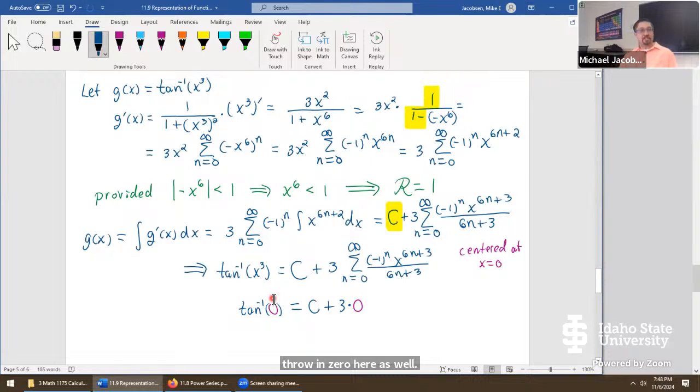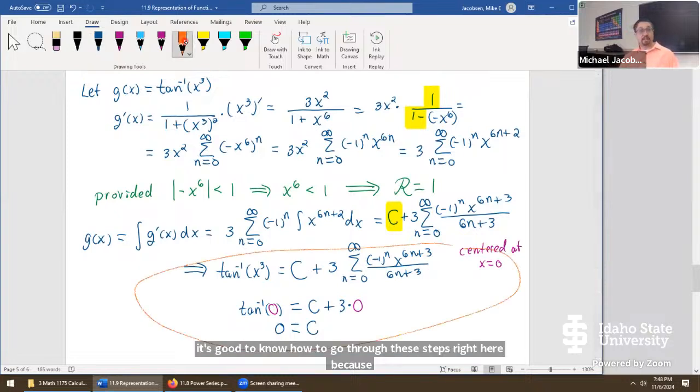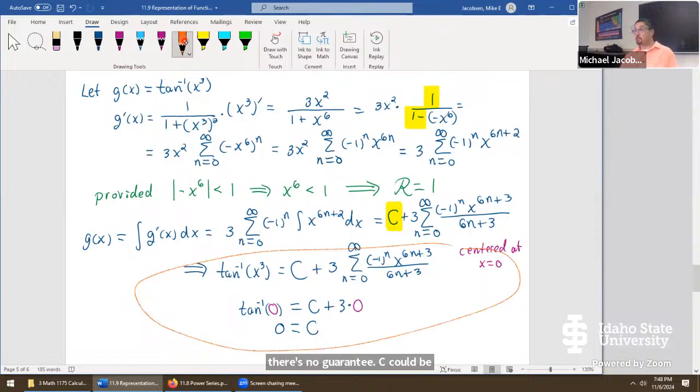So now we're dealing with tangent inverse 0, but it just so happens that because tangent 0 is 0, tangent inverse of 0 is also 0, and 0 equals c on this problem. Like we mentioned, that's pretty common. I think this is pretty much what happens on the homework, but it's good to know how to go through these steps because there's no guarantee. C could be pi over 2 randomly, depending on just a small tweak in the problem.